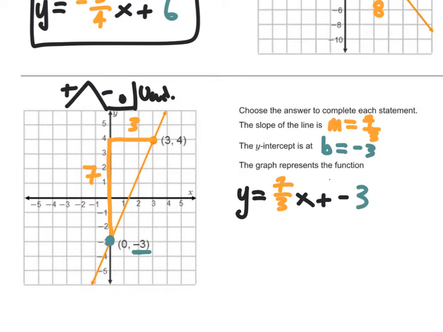You could even write this in function notation: f of x is equal to 7/3 x and then -3. Either one works. They mean the same thing. Even though I used a plus negative here, adding a negative is the same thing as subtracting.